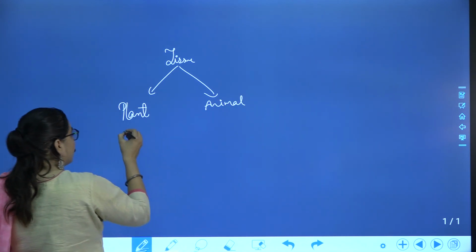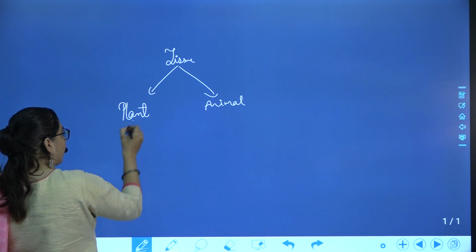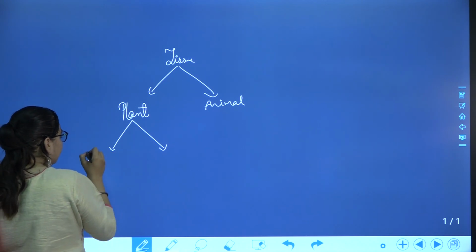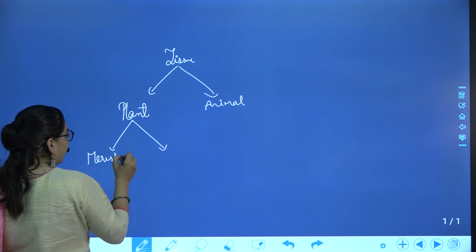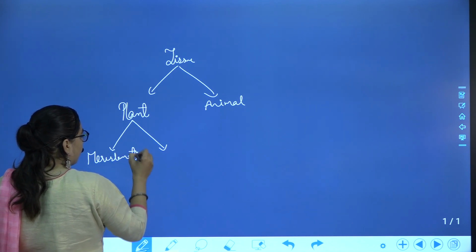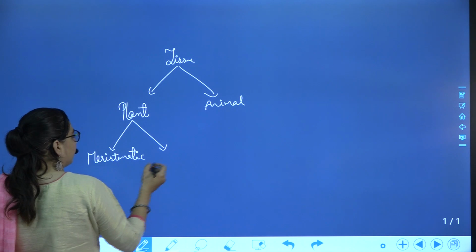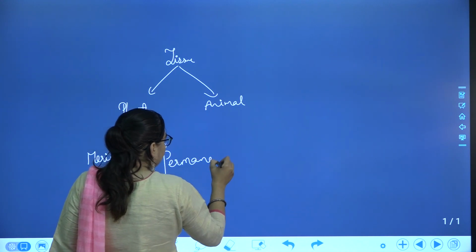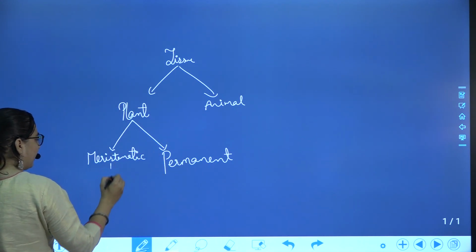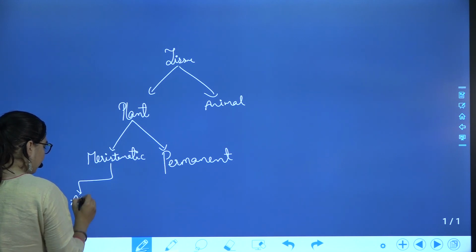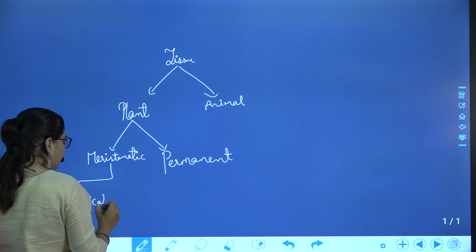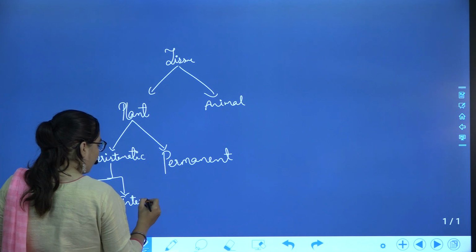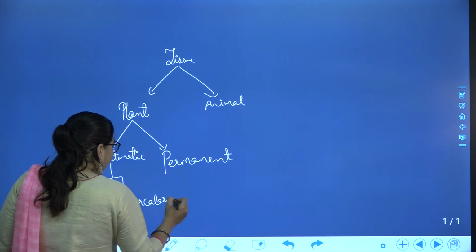Coming to the plant tissue, it is bifurcated into 2 types. That is meristematic and permanent. Meristematic is of how many types? 3 types. Apical, intercalary, and lateral.